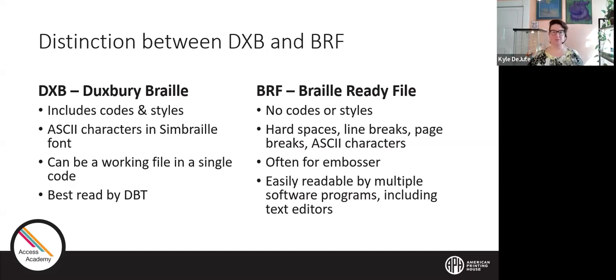A DXB is a Braille document. It doesn't have print characters. And the DXB could be a working file. Because it's not print, it's not a reliable file to choose a different code for your translation all of a sudden. A DXB is a Duxbury file. I think it can be opened by other Braille translation software programs, but it's really best read by DBT, unlike the BRF.